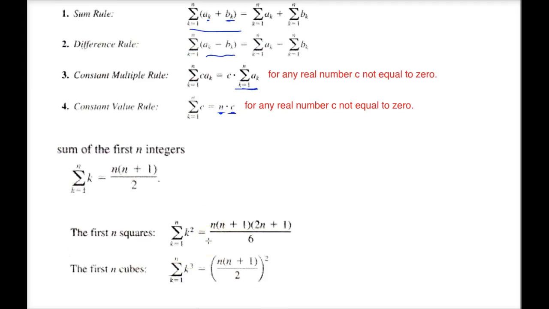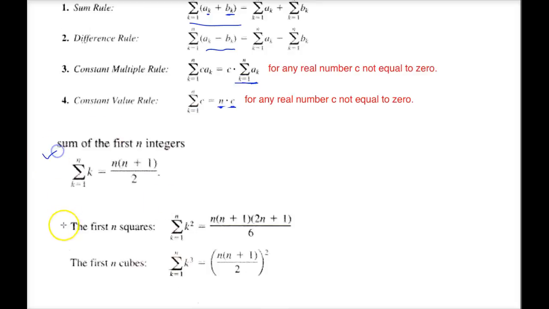Now what we are concerned with are these. We know the sum of the first n integers, the summation of k as k goes from 1 to n, can be rewritten as n times n plus 1, all divided by 2.